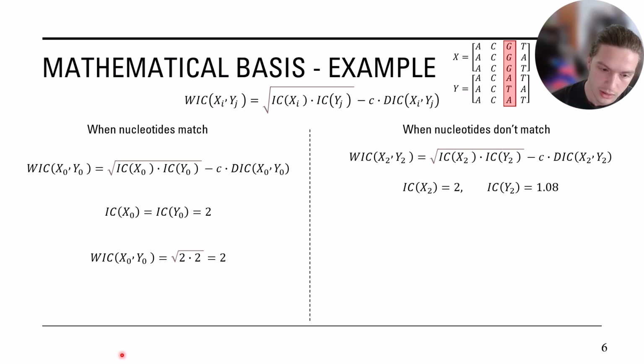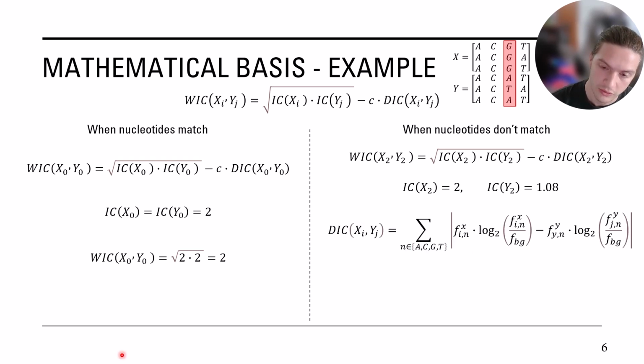And so then we can move on to the differential information content. This one's a little more tricky to calculate. Essentially, we'll look at A, plug in the nucleotide A and our position as well, calculate information content for both of them, look at the difference, take the absolute value, and then sum all of them.